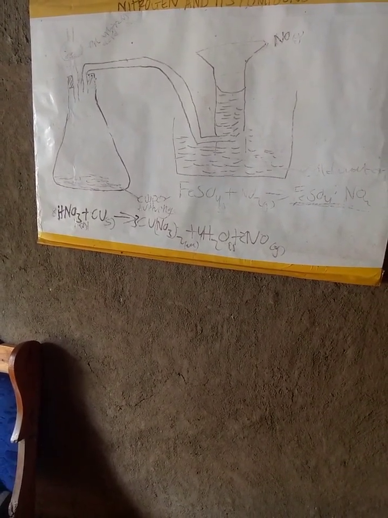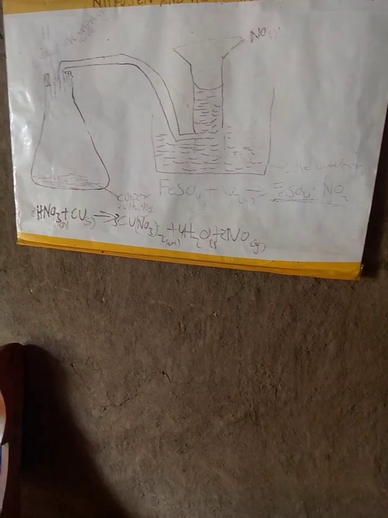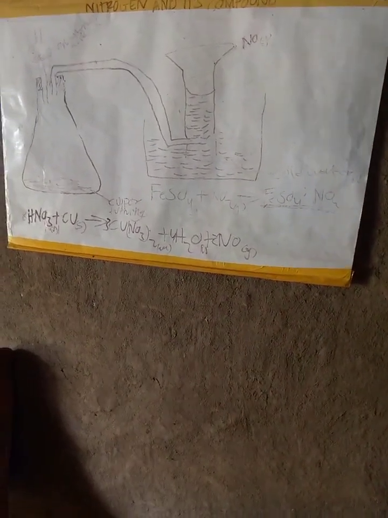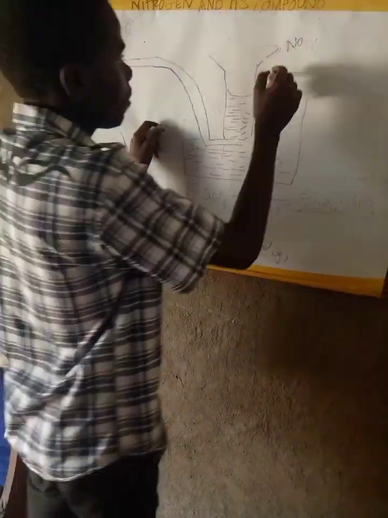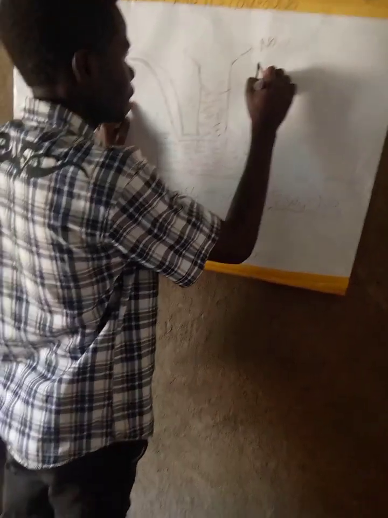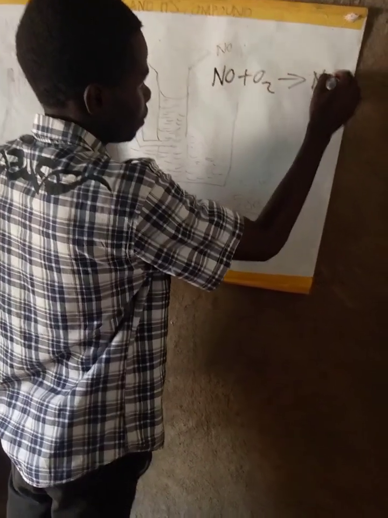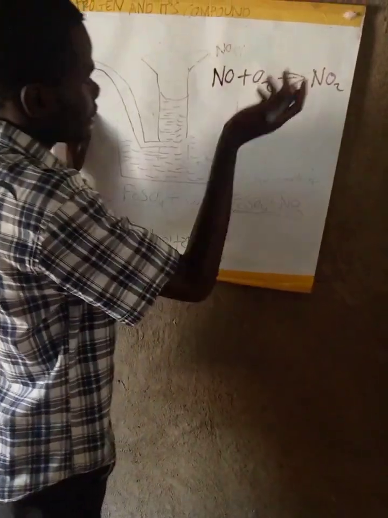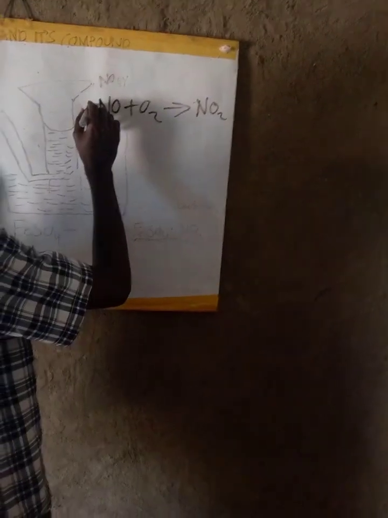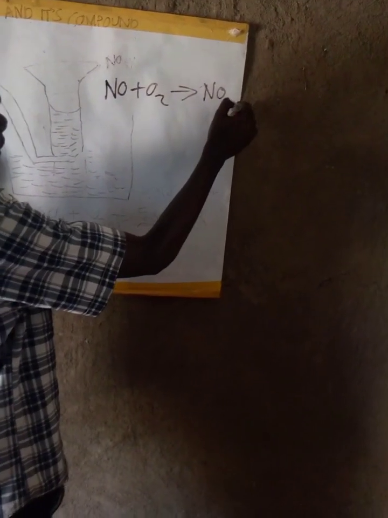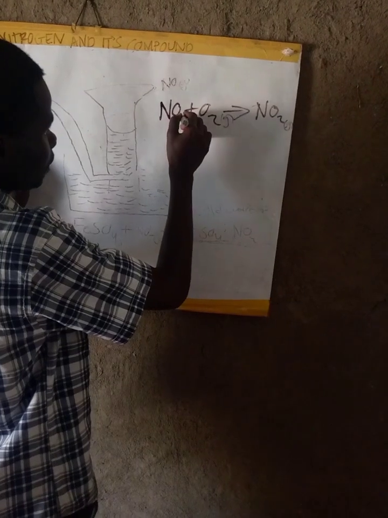You must balance the equation: nitrogen 2 oxide plus oxygen, put here 2. They are both gases.